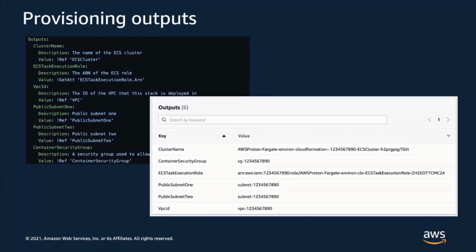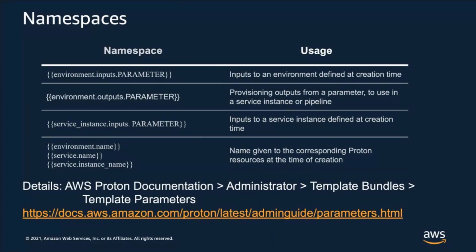So one of the things that happens in Proton is that all provisioning outputs of the CloudFormation template that defines your environment, which you can see on the left side of the screen, are seen and recorded by Proton as provisioning outputs from that environment, which you can see on the right. And we will see next how Proton is going to be using that to actually populate the corresponding fields in the service instance. And we can see that here.